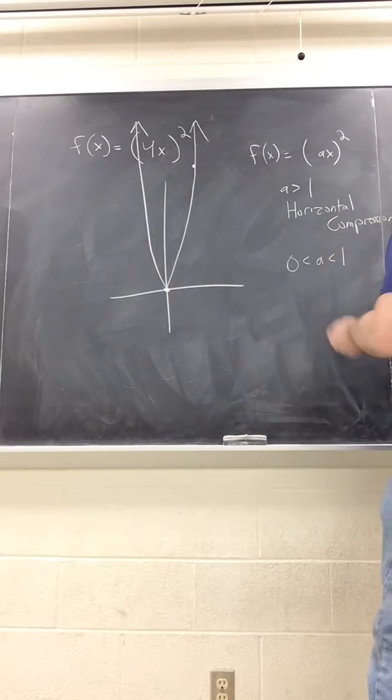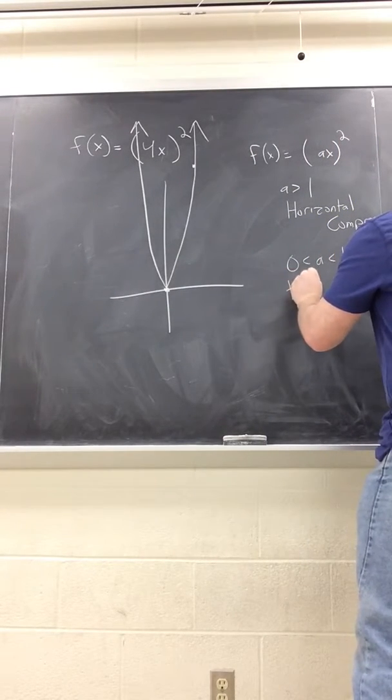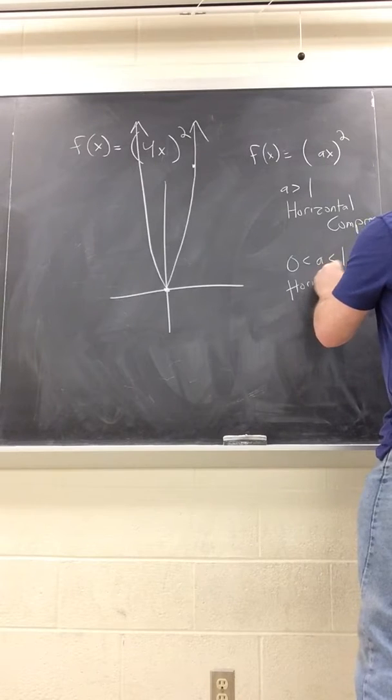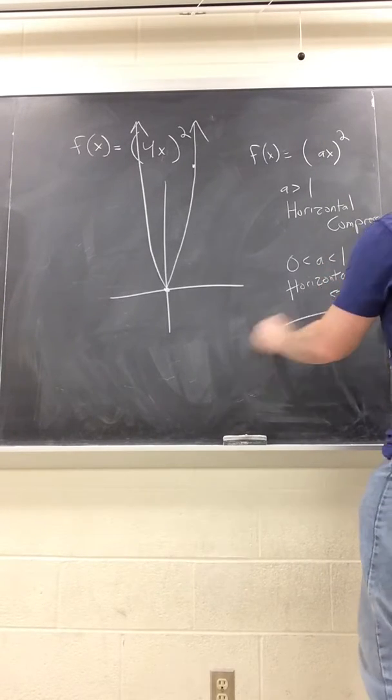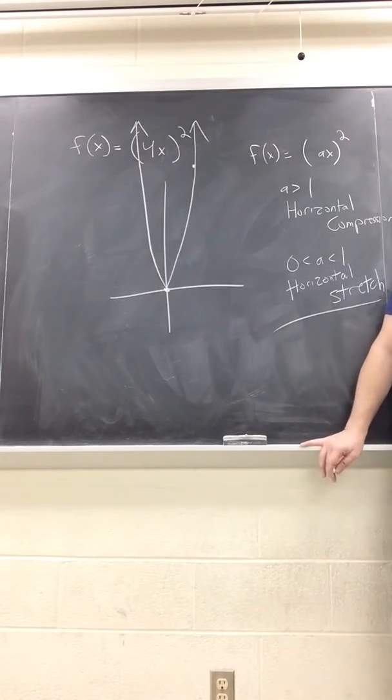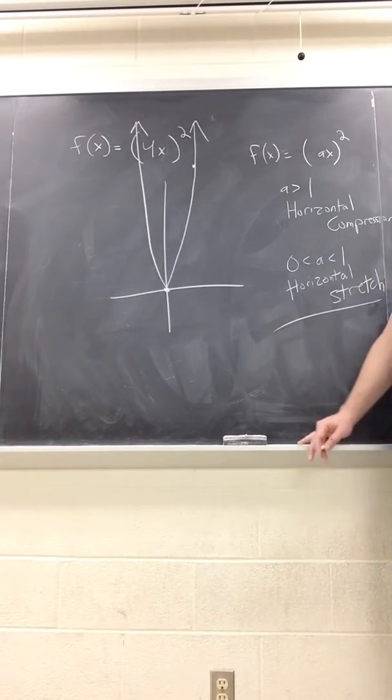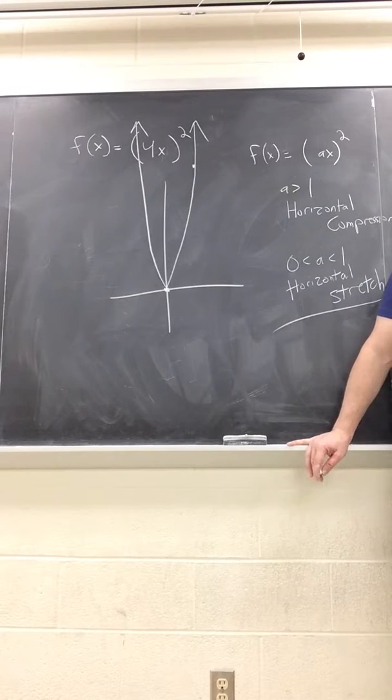Which means now if a is between 0 and 1, that's actually a horizontal stretch. And you just have to keep the terminology straight in your head. Vertical stretches look the same as horizontal compressions, and vertical compressions look the same as horizontal stretches.